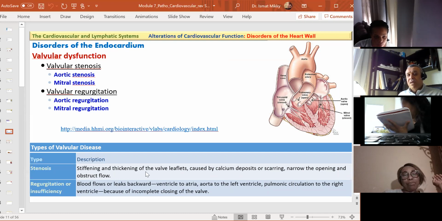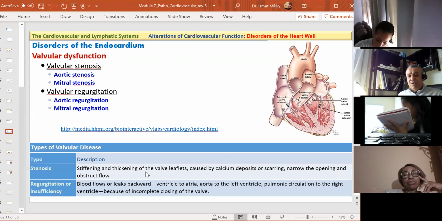Same thing for aortic insufficiency, you can say regurgitation. So for valve stenosis, we have aortic stenosis and mitral stenosis, and under valvular regurgitation, we have aortic regurgitation and mitral regurgitation. And here I have a description of what is stenosis and what is regurgitation.